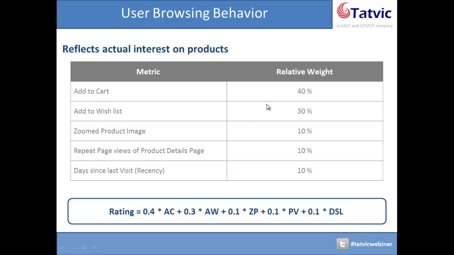And the relative weights are presented here. So we can create the rating like 0.4 times add to cart plus 0.3 times add to wish list, and so on. So we can calculate the rating, which represents the interest of the user for that particular product.